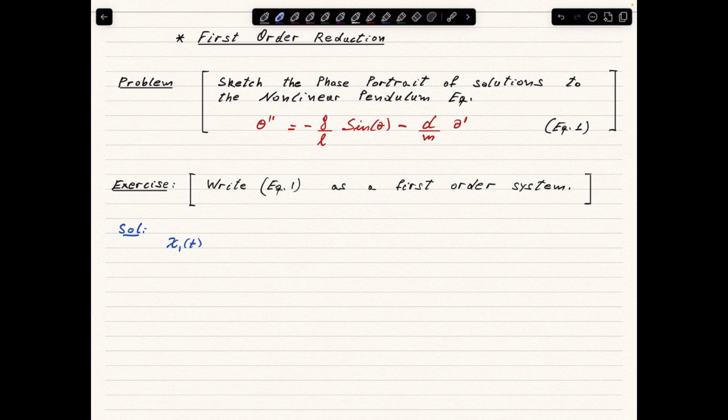We introduce the variable x1, which is going to be the original variable, theta. This is actually the angular position of the pendulum. And then we introduce x2 of t, which is the derivative of the previous variable, so theta prime, which now has physical meaning: it is the angular velocity.